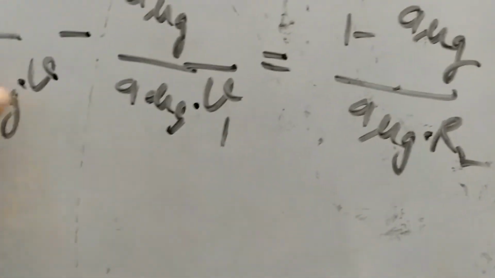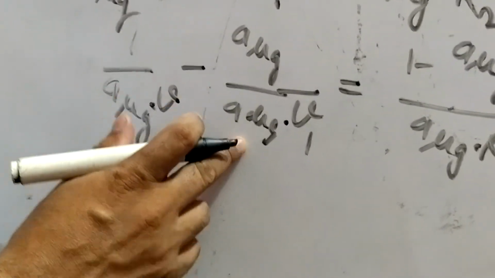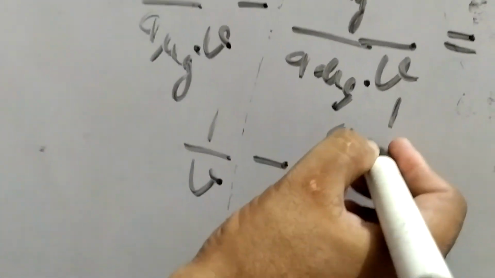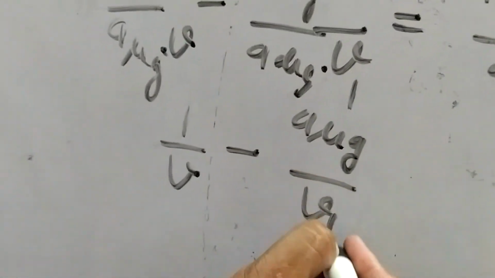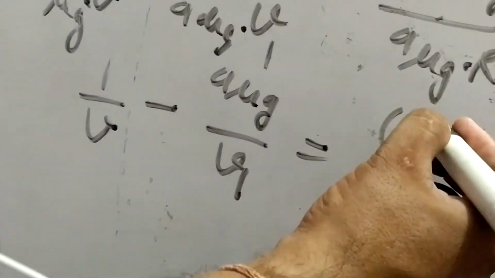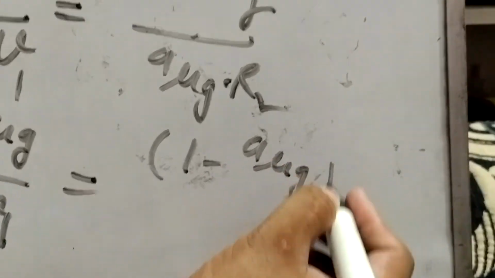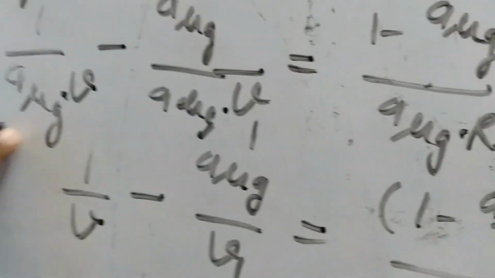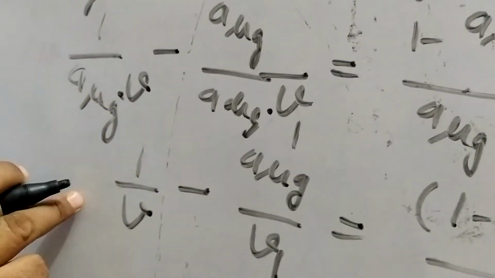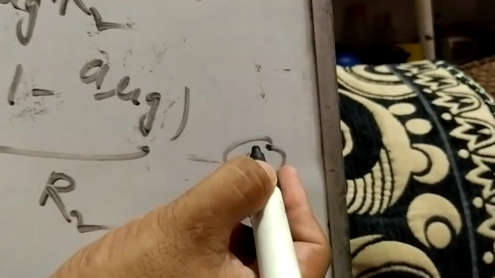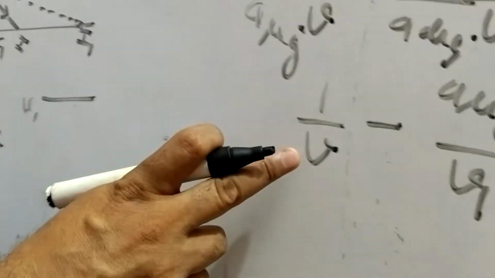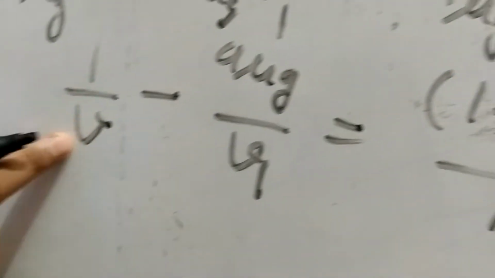Now taking LCM and cancelling, we find 1 by V minus aμg upon V1 is equal to 1 minus aμg upon R2, because aμg cancels on both sides in the denominator. This is equation number second, and this is equation number first for the first surface, and this is for the second surface.